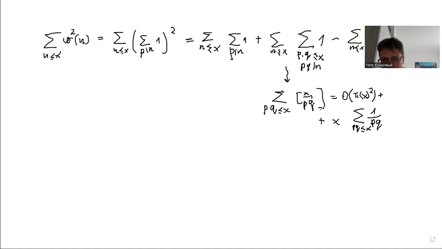I write the integer part as x over pq plus big O of 1. And how many big O of 1s? This is an upper estimate, of course, pi of x squared. So we wrote this as x divided by pq plus O of 1. Yes, all clear, thank you.